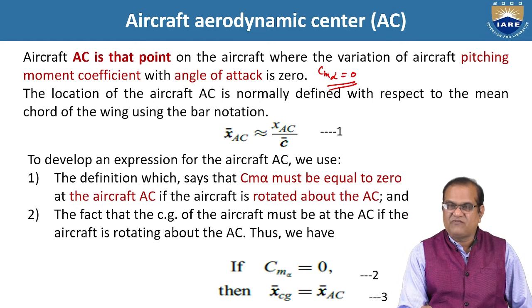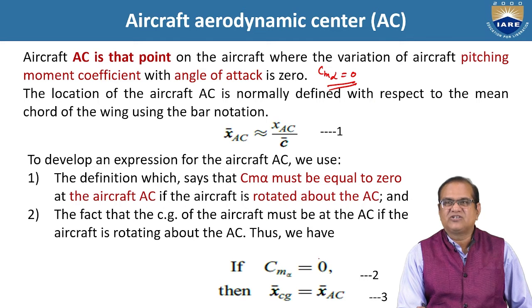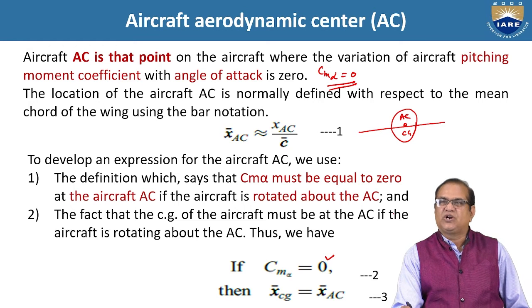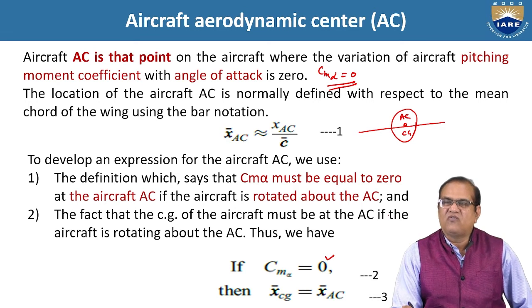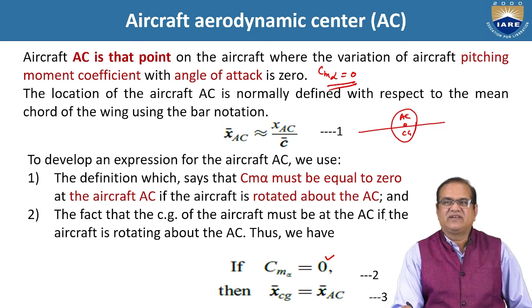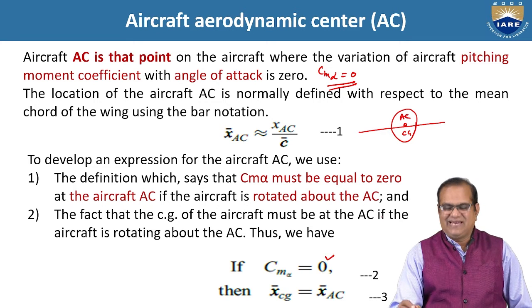So in this, the first case, Cm alpha should be 0, and the second case is x bar CG is equal to x bar AC. Means if this is the CG and this is the AC, both should be at one point. So with these two conditions, we have to find the aircraft aerodynamic center.